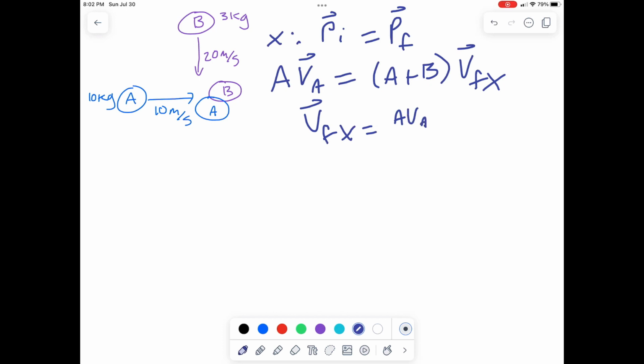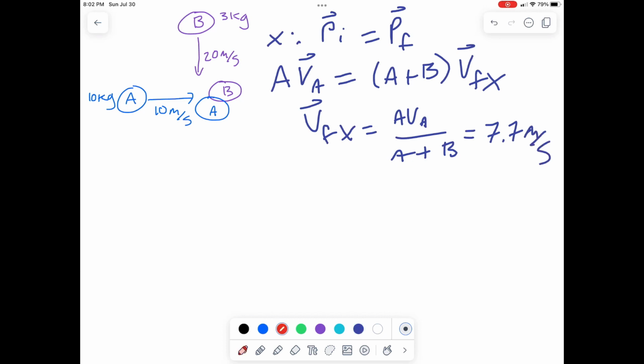I'm getting rid of the vector notation because I know that it's positive because it's moving to the east, divided by A plus B. And if we plug this in, we get that 100 over 13 is equal to 7.7 meters per second. All right, so that is our velocity in the x.